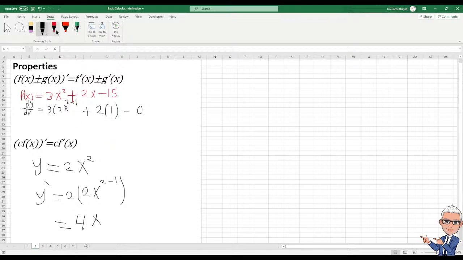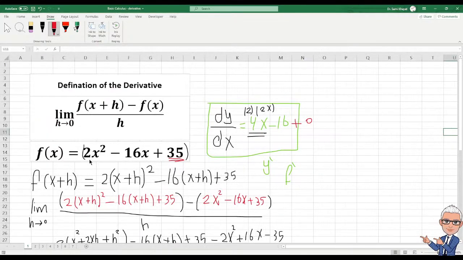Let's fix it: it equals 6x plus 2. If you go back to the previous example, this will be 4x minus 16, which is this one.